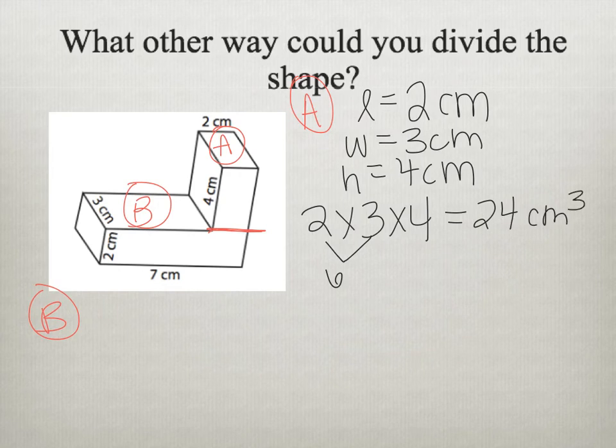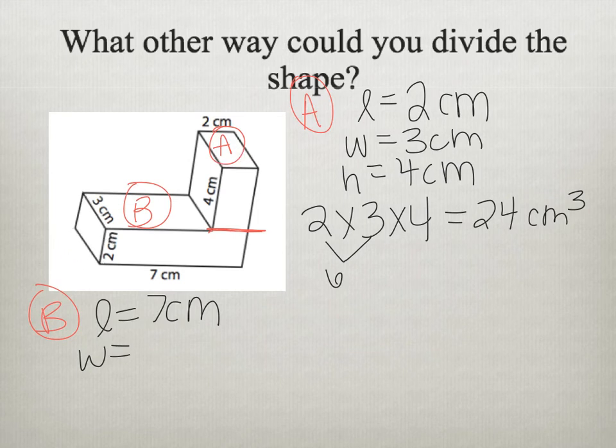Now let's move on to B. I know that my length for B is this whole area right here. This whole area is 7 centimeters. My width for shape B is right here. It also could be here.